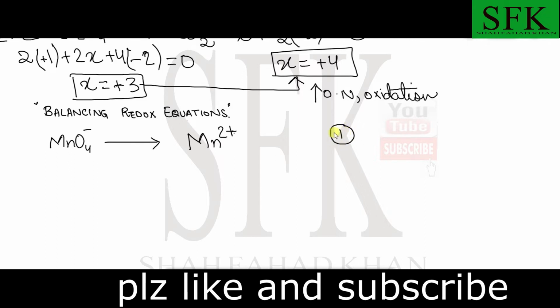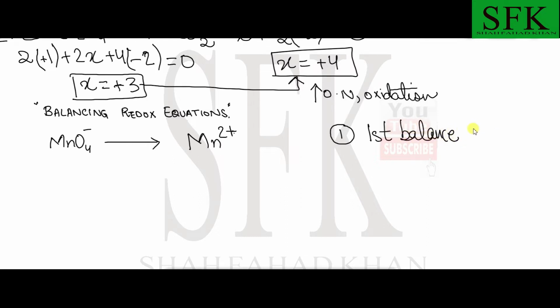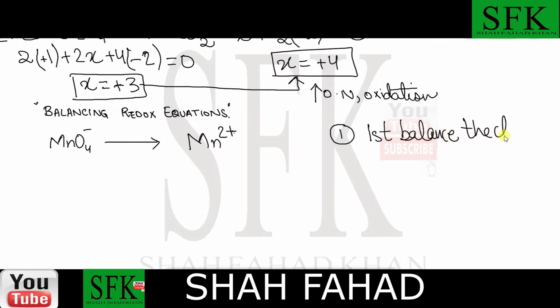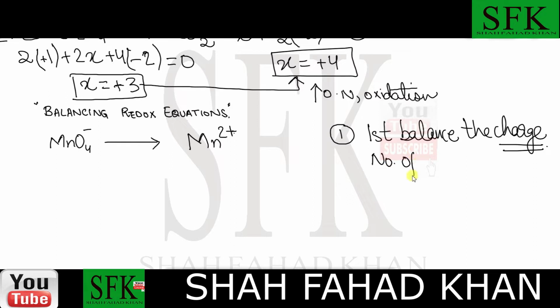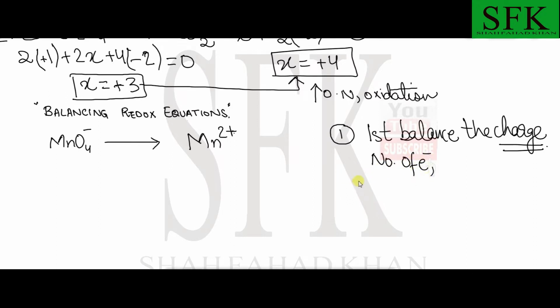The first rule is that first we balance the charge. By the charge, what I mean is first balance the number of electrons. So how to balance the number of electrons? Well, it's easy.